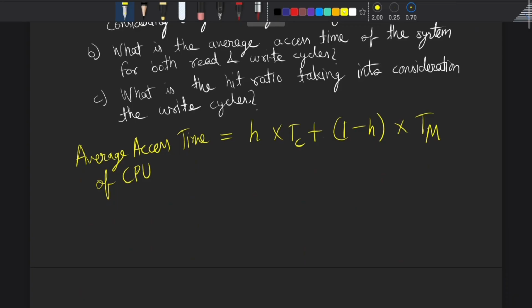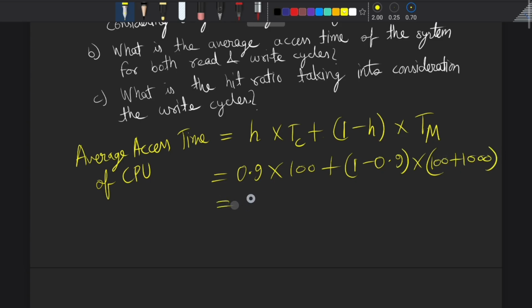So we can calculate it as the hit ratio is 0.9, the cache access time is 100 nanosecond, it will be 1 minus 0.9 into, of course it will be cache access time plus the time to access memory, which is 100 plus 1000.